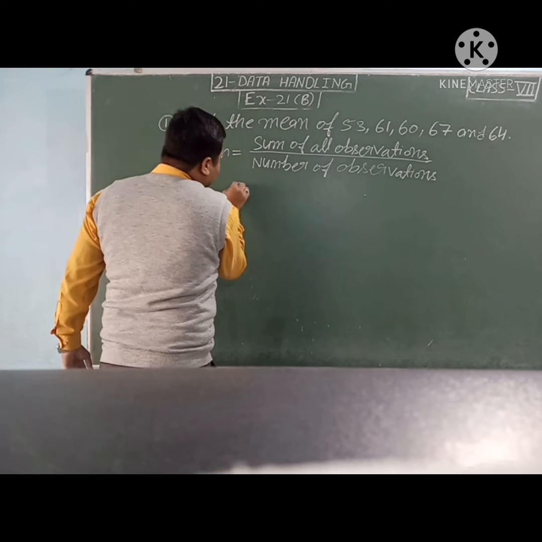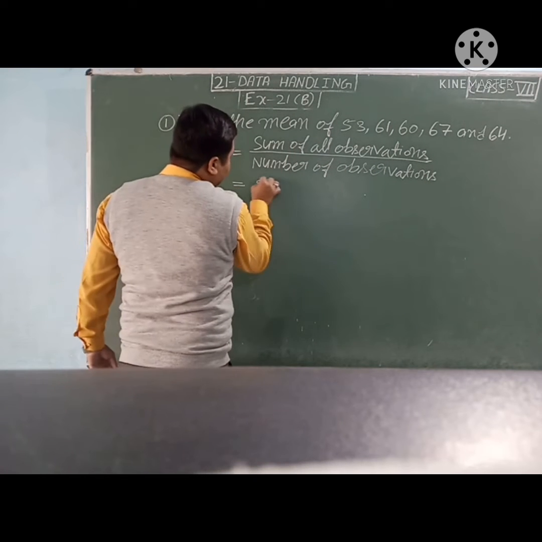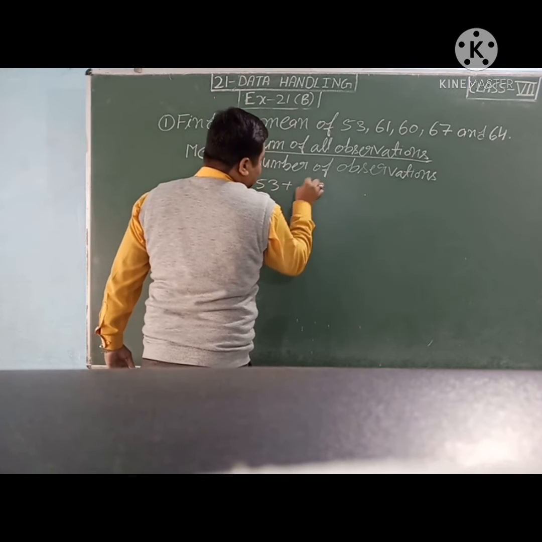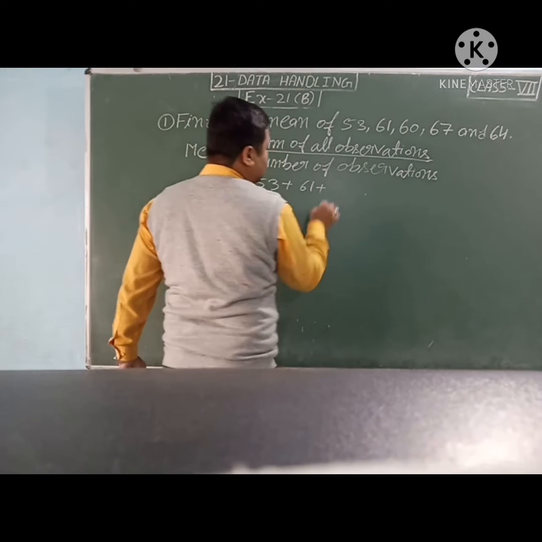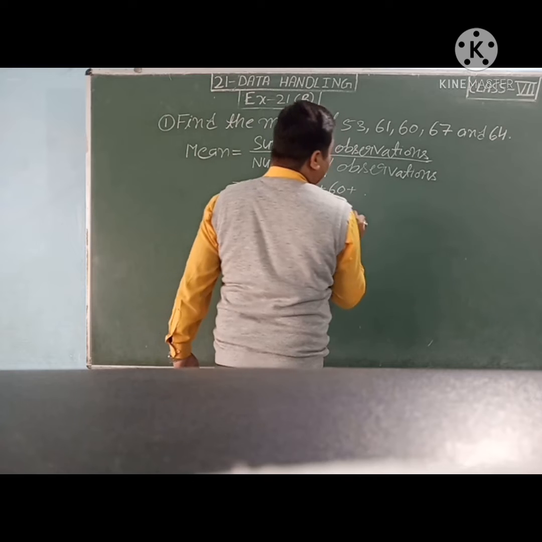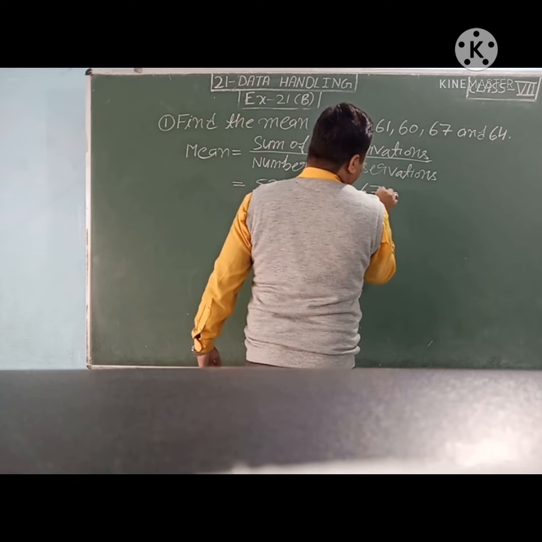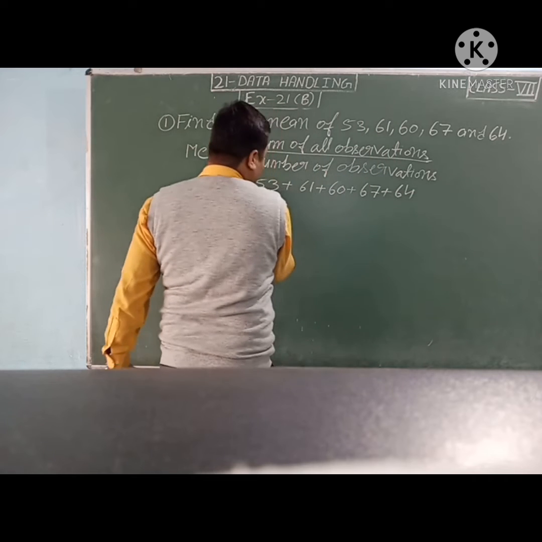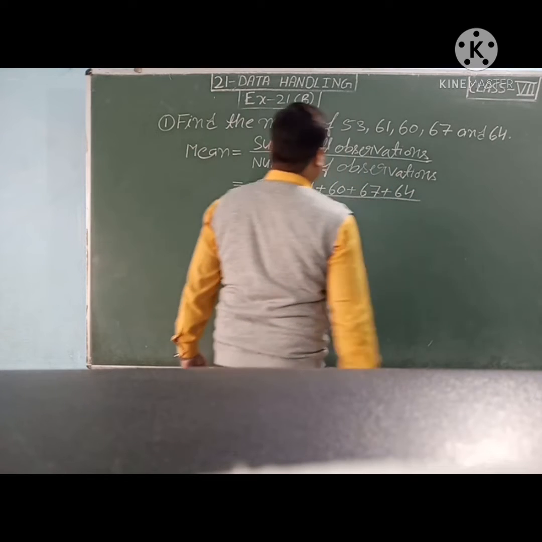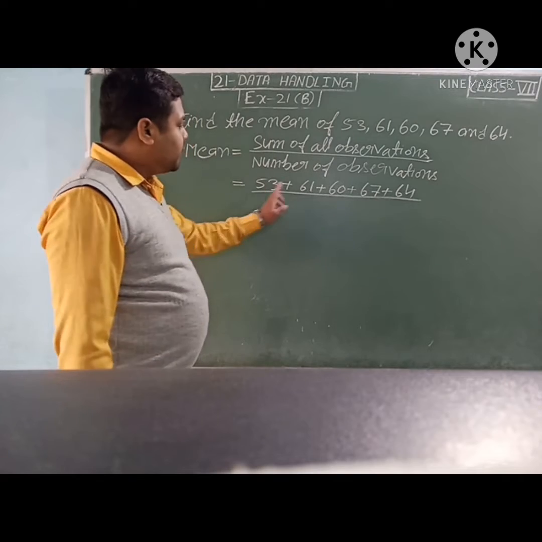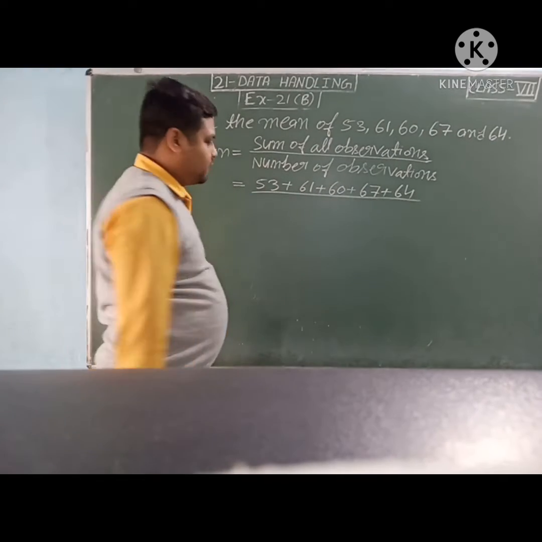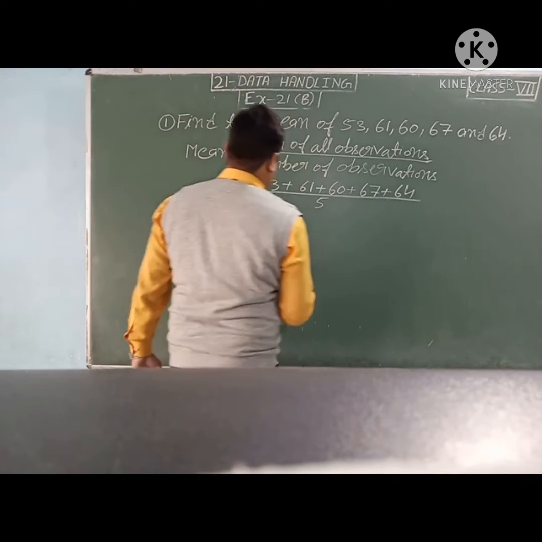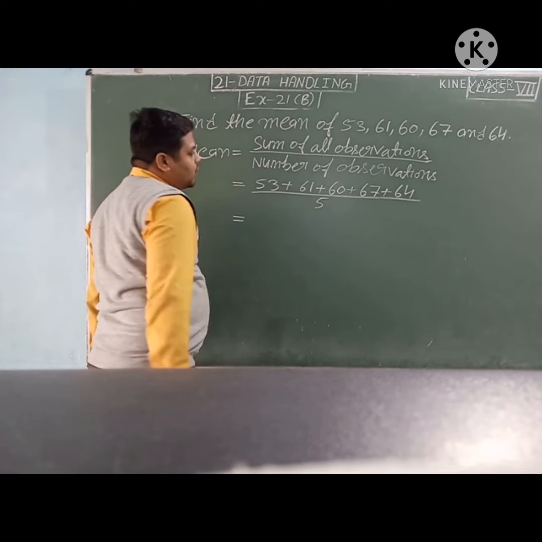Is equal to 53 plus 61 plus 60 plus 67 plus 64 upon the number of observations. How many? 1, 2, 3, 4, 5 observations. So upon 5. Now we will do the sum.